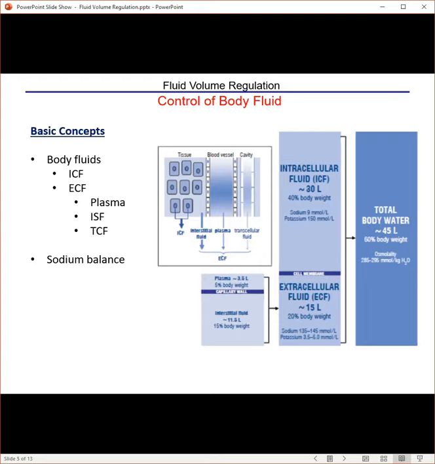So the volume of fluid that is perfusing the tissue, that is providing nourishment to the tissue, is your effective circulating volume. And because this has something to do with the metabolic requirements of the body, this effective circulating volume needs to be kept constant.